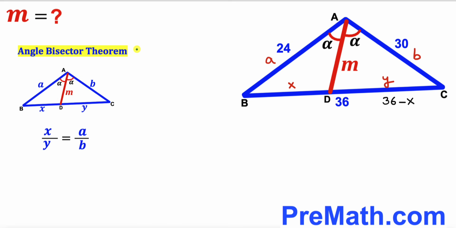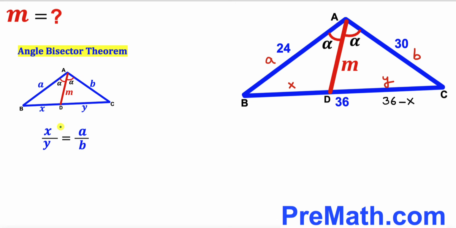And now let's recall the angle bisector theorem. As you can see in this triangle ABC, along with this angle bisector represented by lowercase m, such that this side length is lowercase a, this other side length is lowercase b, and this horizontal segment is represented by x, whereas this segment is y.